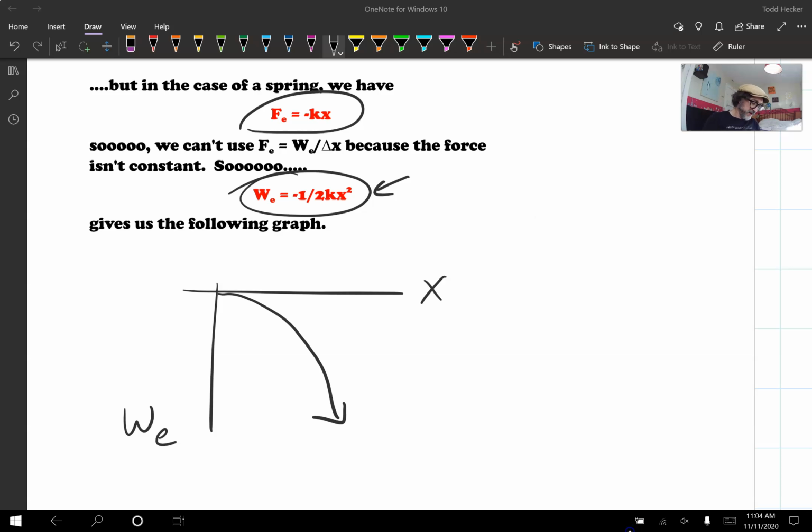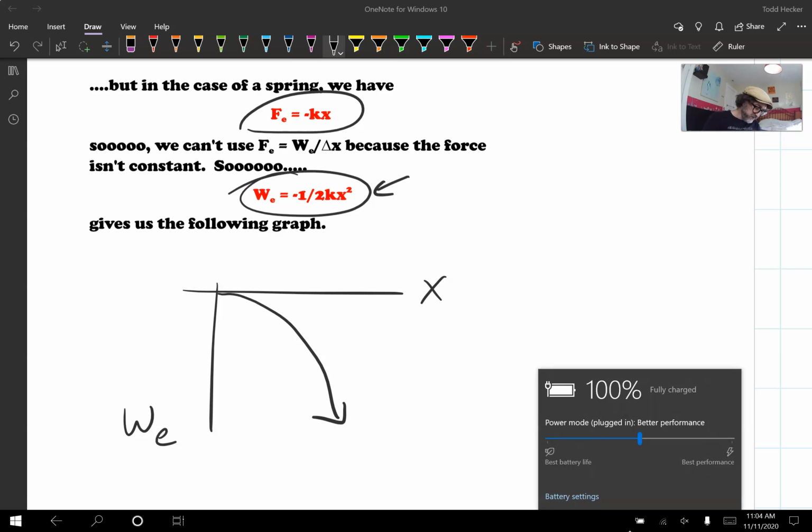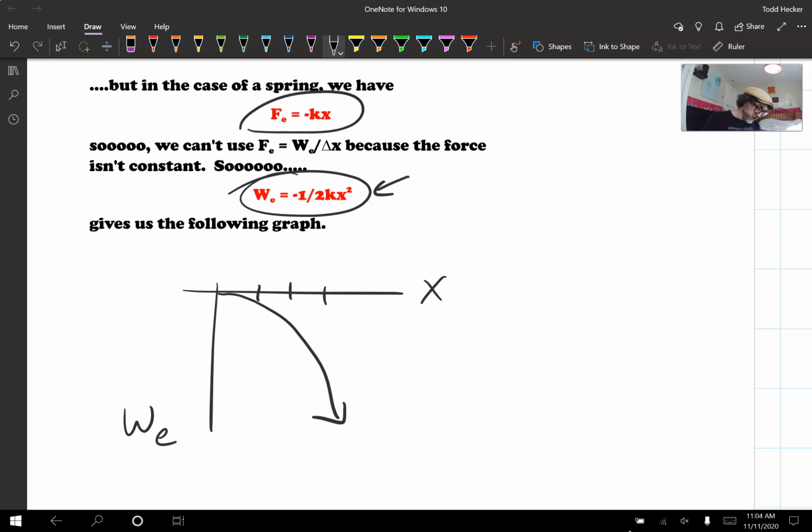And notice as you move along your x-axis, your slope starts at 0, and then it becomes more and more negative, right? Because as you pull your spring in a positive direction, the force gets more and more negative, right? Oh shoot, I was pointing the wrong way. But if you pull it in a positive direction, the force gets more and more negative. Okay.